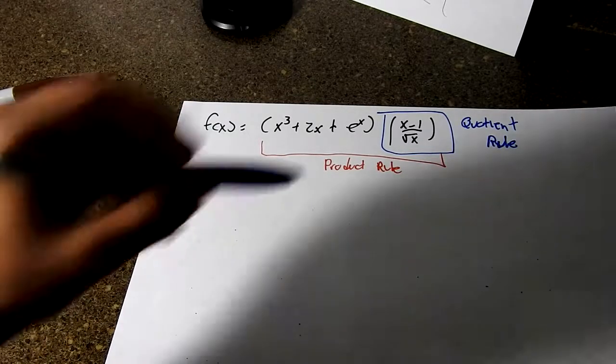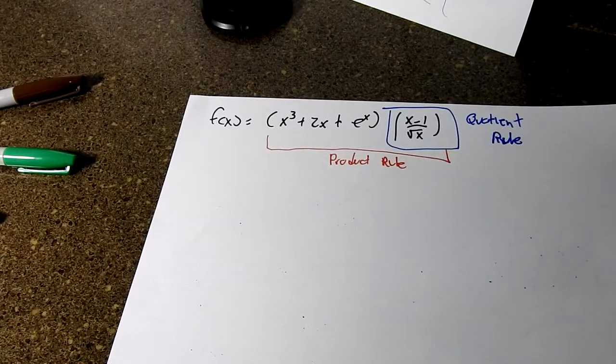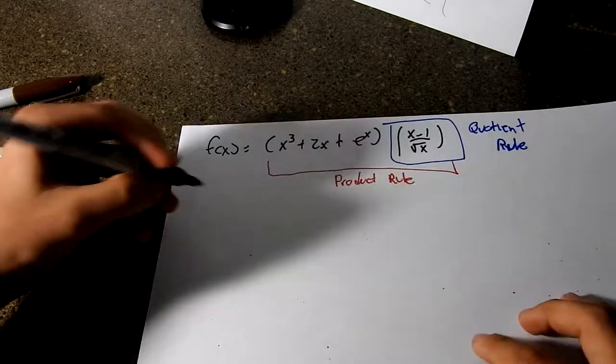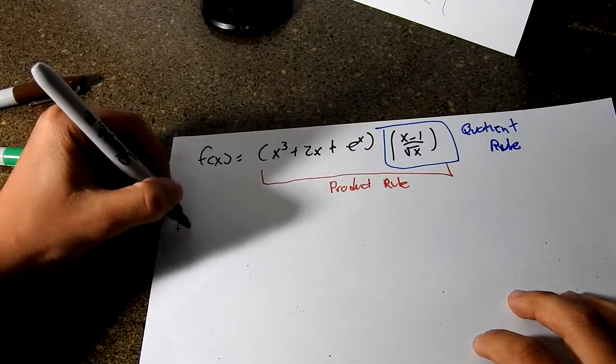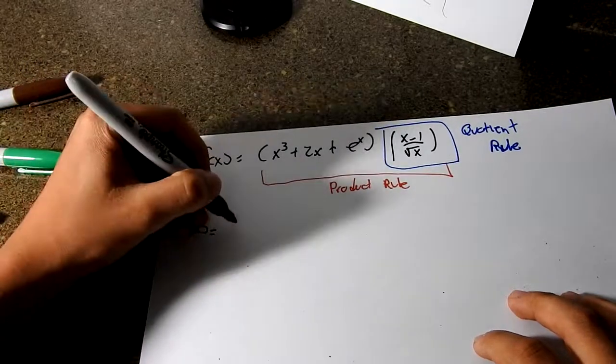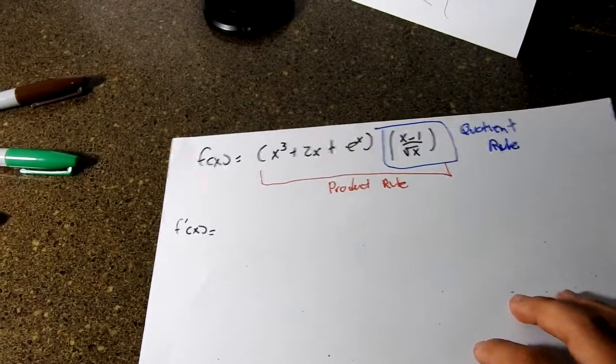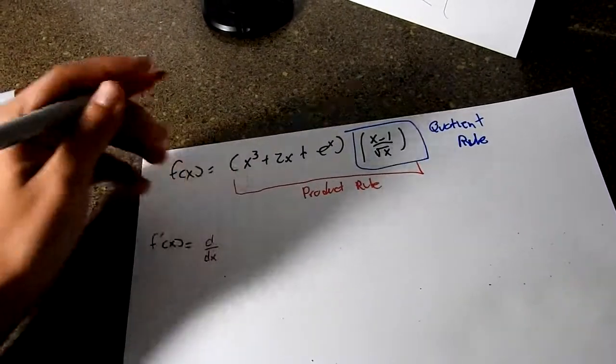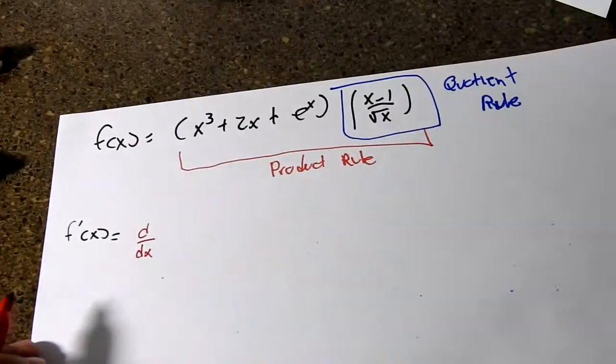So since I know the derivative of this already, I can set up my product rule. So I'm going to set it up. F prime of x, sorry, is going to be d over dx. I'm going to zoom in a little bit.